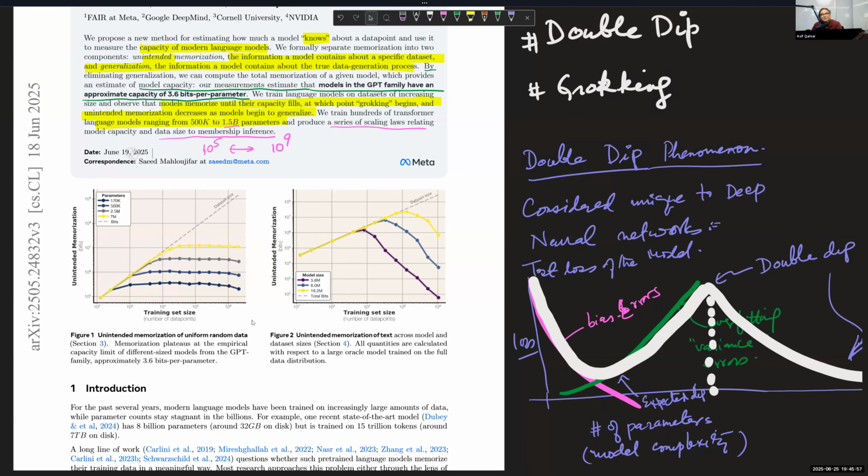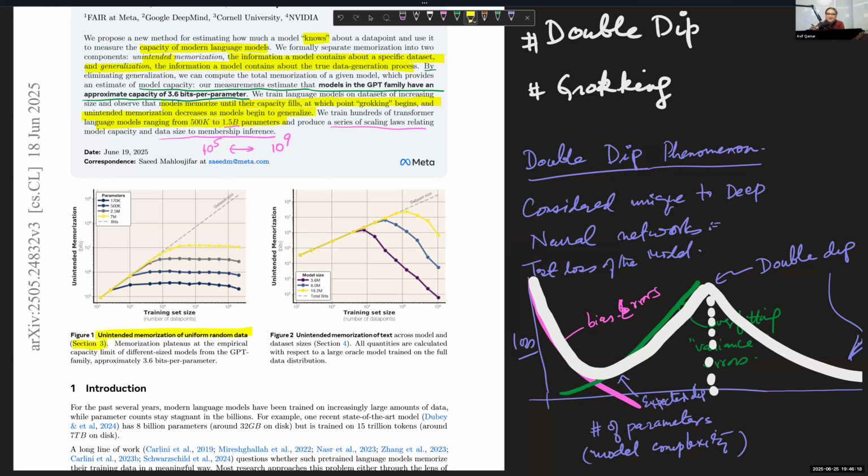The only conclusion you're left with is it must have memorized, because there's no pattern to that word salad. Right? So they are looking at this and they're saying unintended memorization of uniform random data plateaus at the empirical capacity limit of different models.